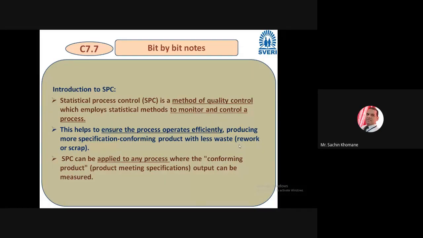So, last lecture we started our second last unit, that is the seventh unit, and we started discussion on introduction to SPC. We have seen the concept of statistical process control, why it is important for our quality department. We have understood the meaning of statistics, process, and control in detail.